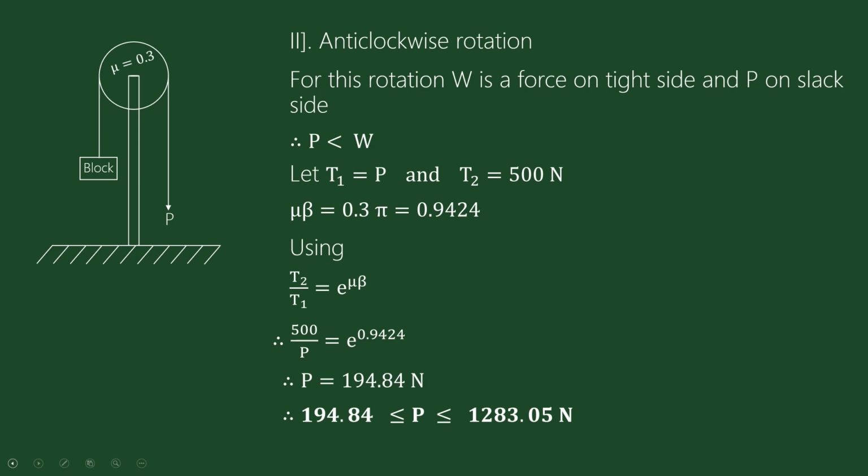In short, this system will remain in equilibrium only when the value of P is in between these two extreme values. So, this is called the range of values. One more example is completed. Now, we will see in the next example what is the difference.